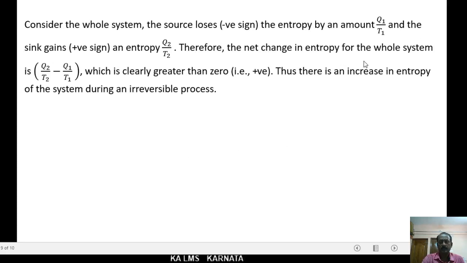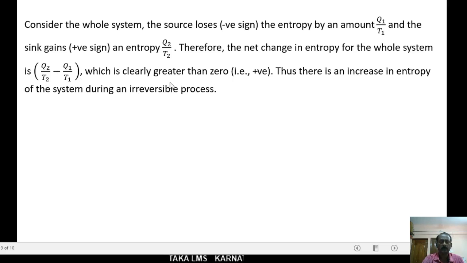Therefore, the net change in entropy for the whole system is Q2 by T2 minus Q1 by T1. This is the net change in entropy for the entire system, which is clearly greater than 0. That is positive.